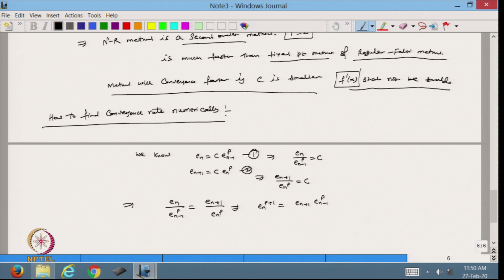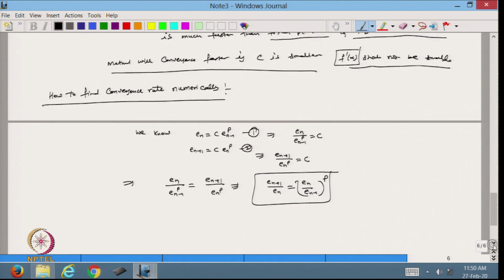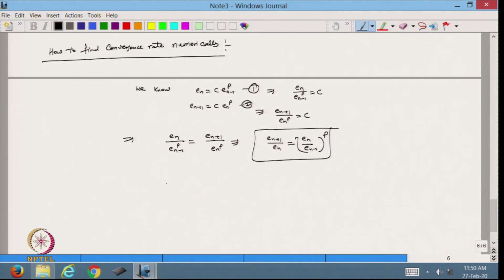So, based on this, or maybe I can write it like this, because this will not serve any purpose. I can write from here En plus 1 over En is equal to En over En minus 1, all to the power p. Then I take the log on both sides, so I can take the natural log.